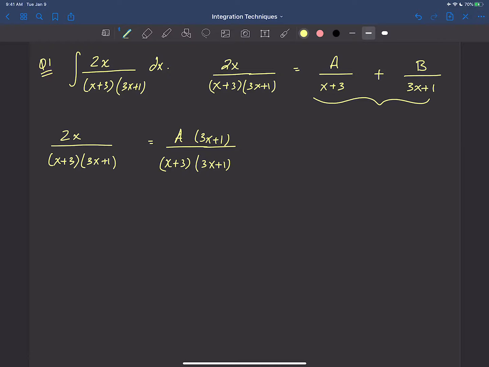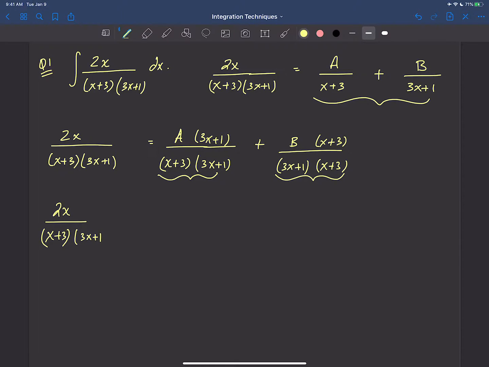So that's this. And then plus b over 3x plus 1: this term already has a 3x plus 1, so we only need the x plus 3 factor here. So we're going to multiply by x plus 3 over x plus 3. In this way, both the terms at the bottom have the same denominator, so they can be combined together. So this will be 2x over x plus 3 and 3x plus 1, and over there you have a times 3x plus 1 plus b times x plus 3 over x plus 3 and 3x plus 1.